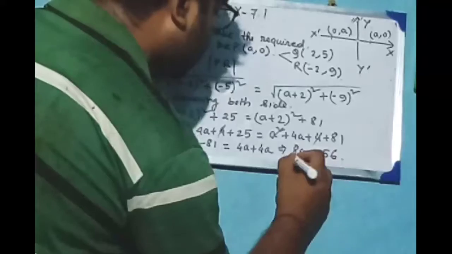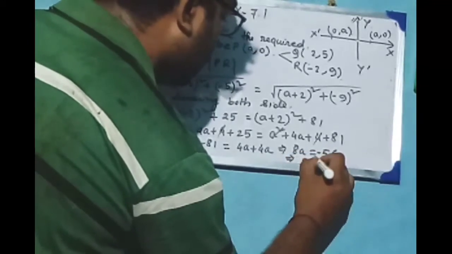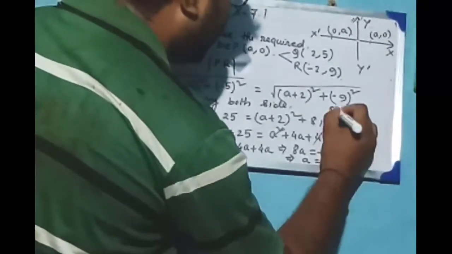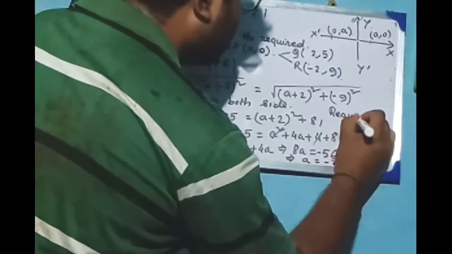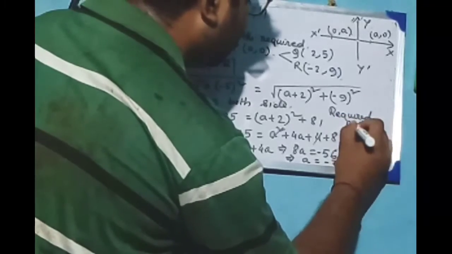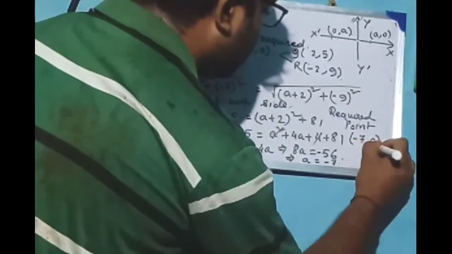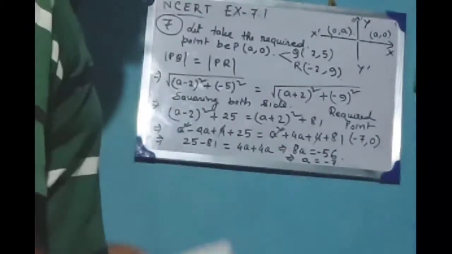So a equals minus 7. So the required point is (-7, 0). That will be the answer.